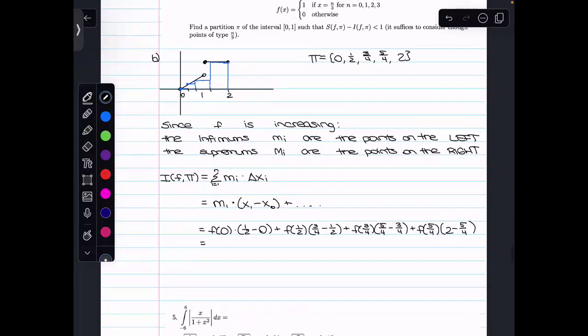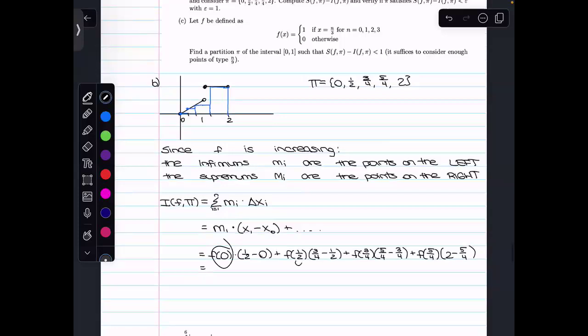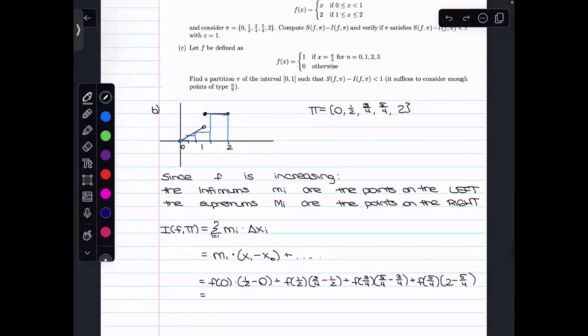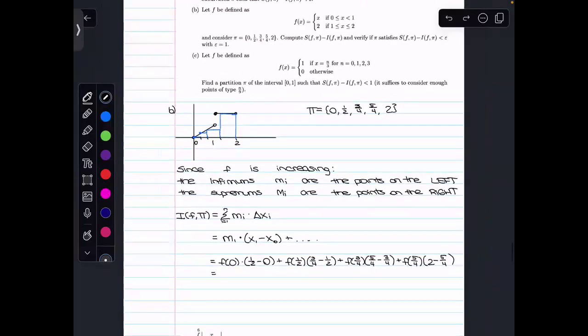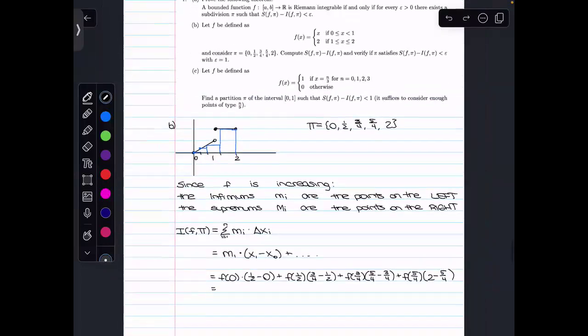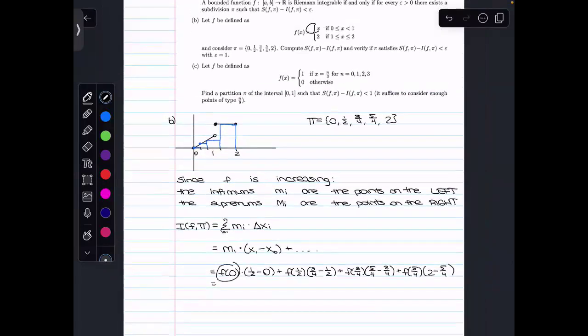And now we just plug in all of these points, 0, 1/2, and so on, into our function, which was first x and then 2. So if we plug in 0 into x, we just get 0. Then we plug in 1/2, so we get 1/2 times the difference of 1/4.